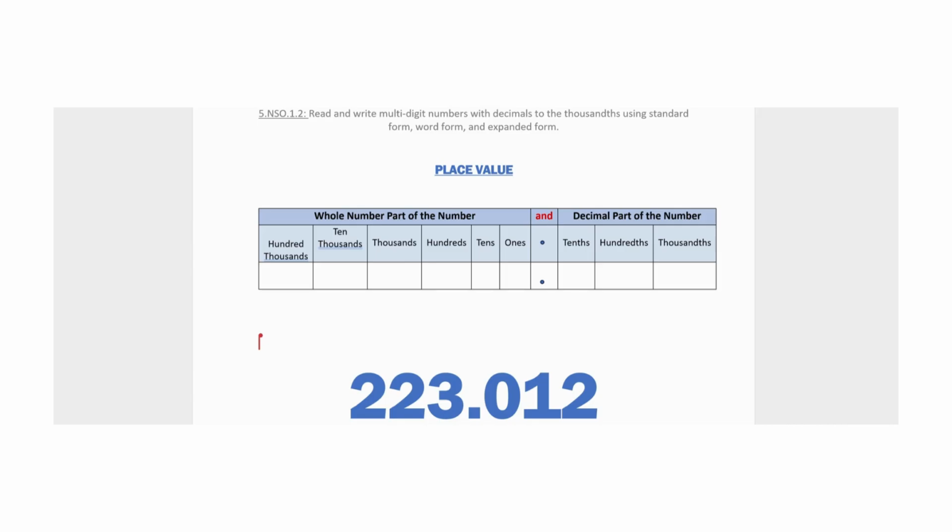However, we have to identify what place value that 12 represents. So we look at the very last digit, which in this case is a 2, and we figure out what place value that 2 is in. And if we look at our place value chart, that 2 is in the thousandths place.